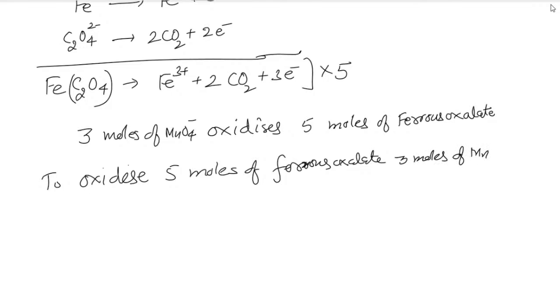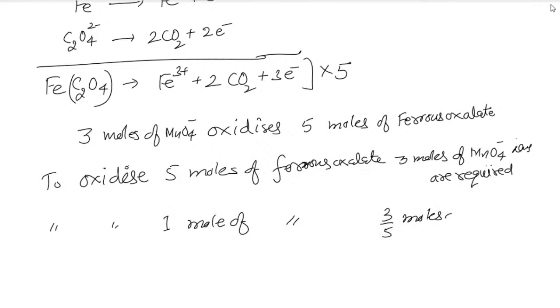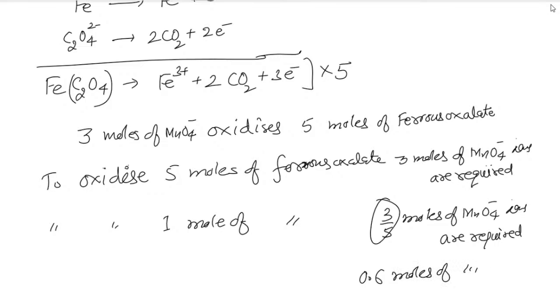Three moles of MnO4 negative ions are required, and to oxidize 1 mole of ferrous oxalate, 3/5 moles of MnO4 negative ions are required. 3/5 means 0.6 moles of MnO4 negative are required.